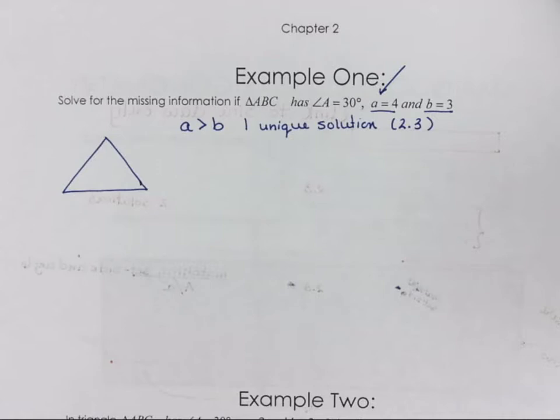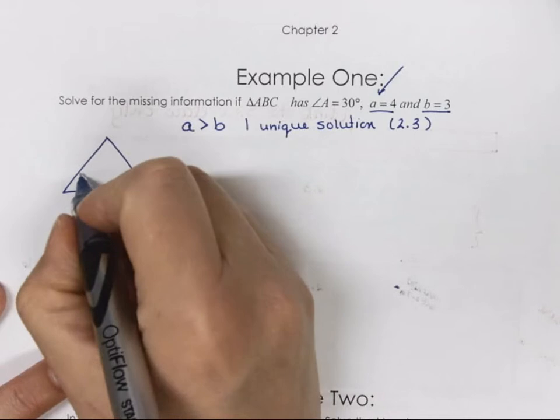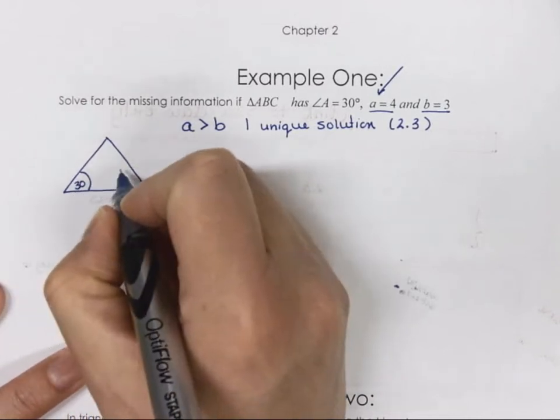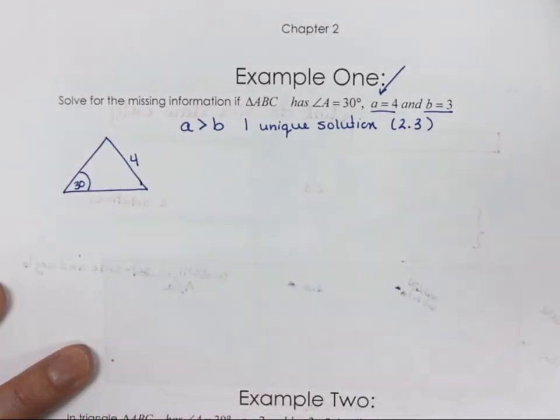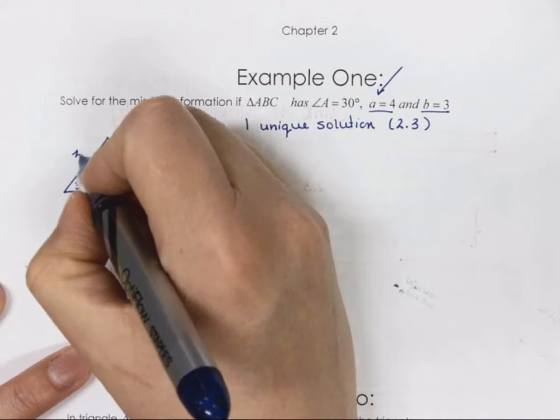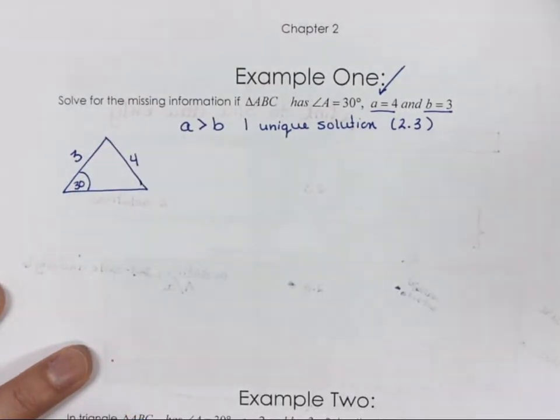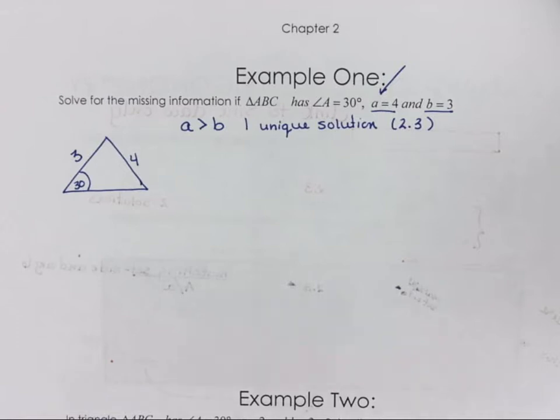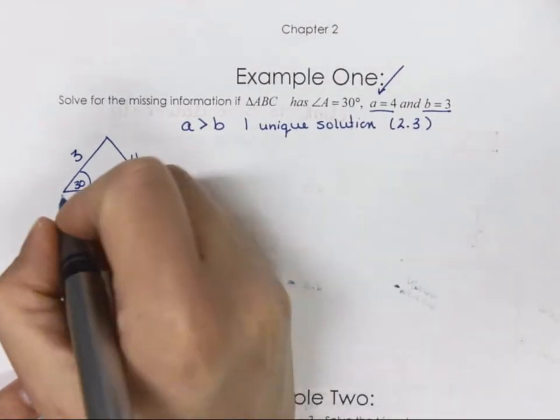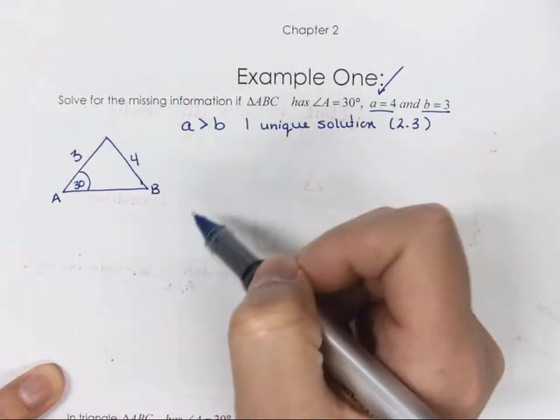Here's my advice to you. Your matching set, always put your angle on the left. So 30 and 4. And then your other side is going to go here. I would always suggest you set up the triangle that way. And you guys are like, but B comes next and I should put it at the top.